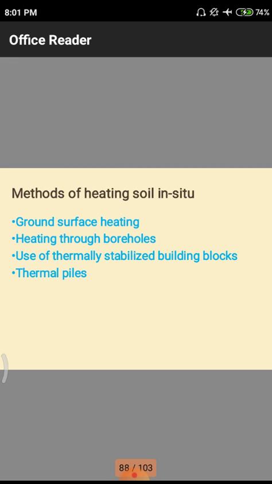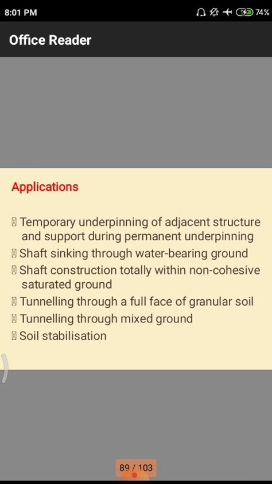Whenever we normally use a pile, those piles transfer stresses and loads from the outer body to the inner earth. Likewise here, thermal piles are responsible for giving these thermal stresses and evaporating the water content present in the soil.